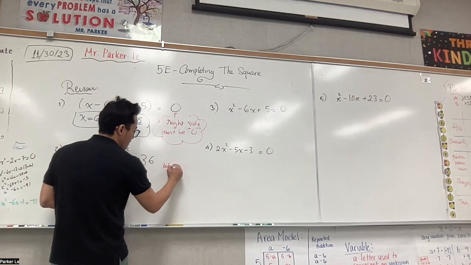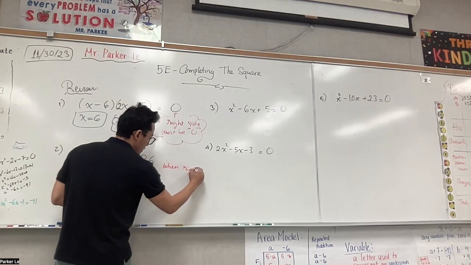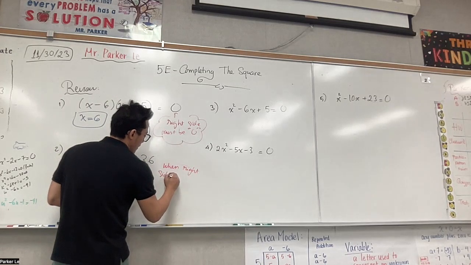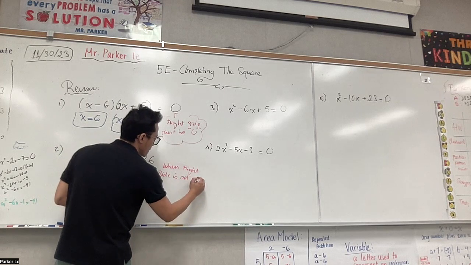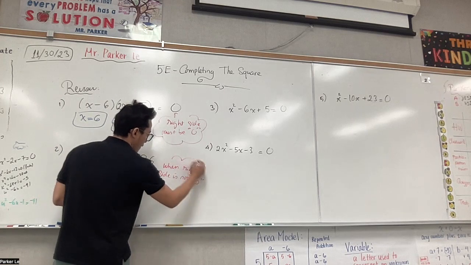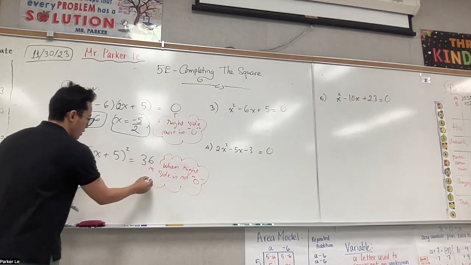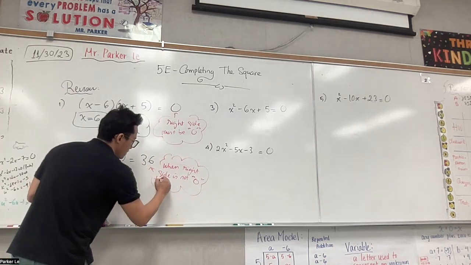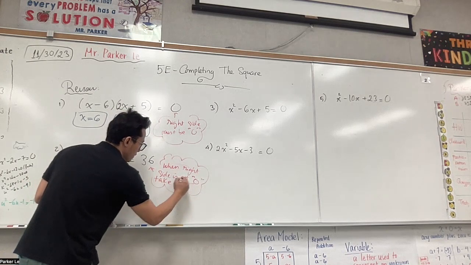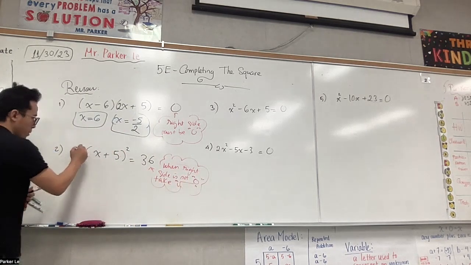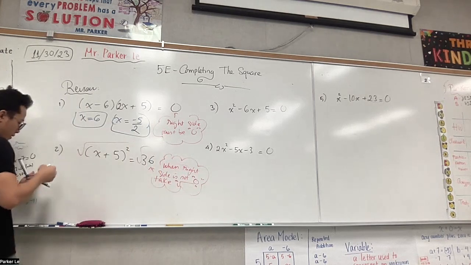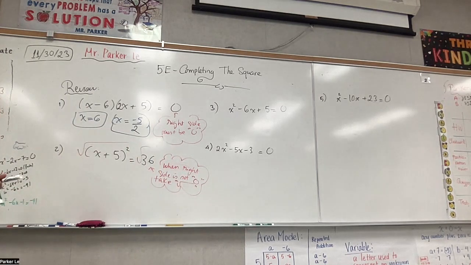Okay. Yes, now. When the right side is not 0, you take the square root. So I'm going to take the square root here. Can someone tell me what to write?